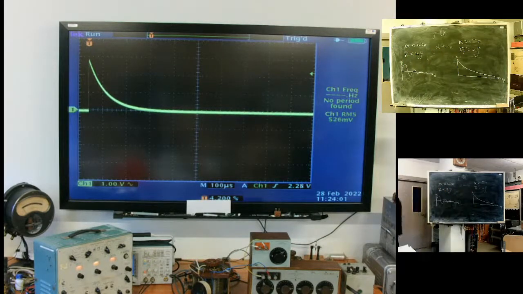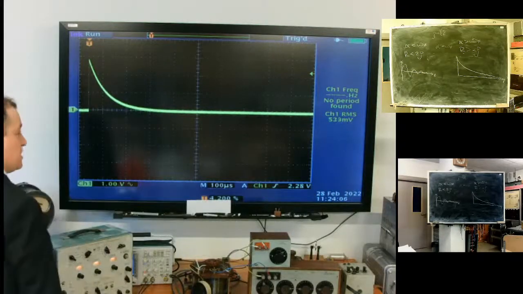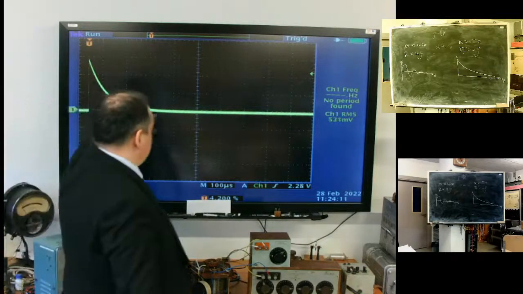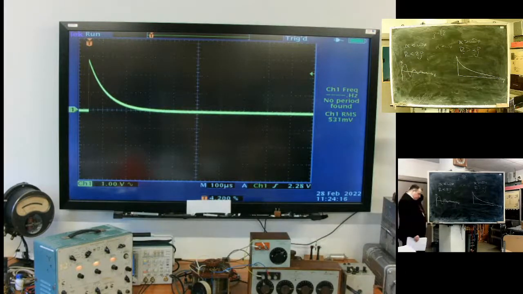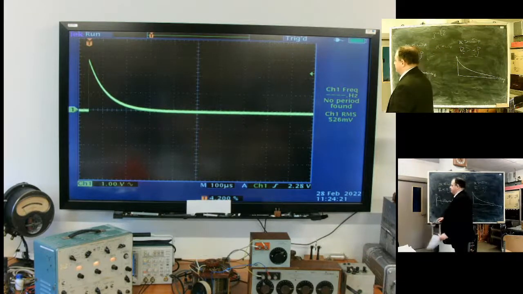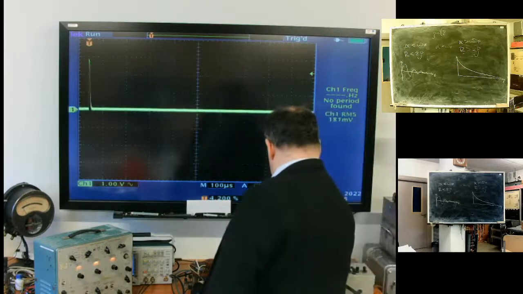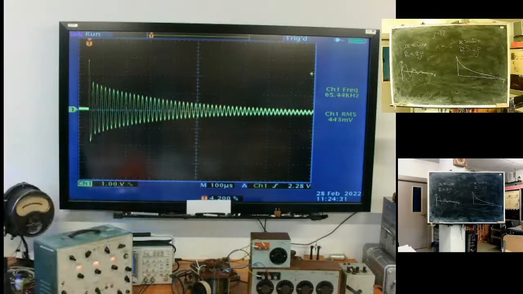If the active resistance introduced is above this critical margin, when alpha is equal to omega 0, we have an exponential process. Below, we have decaying oscillation.